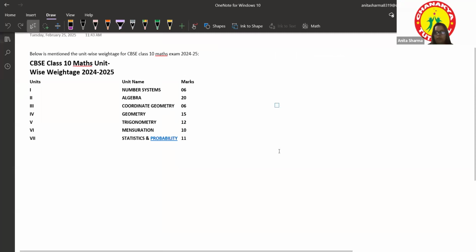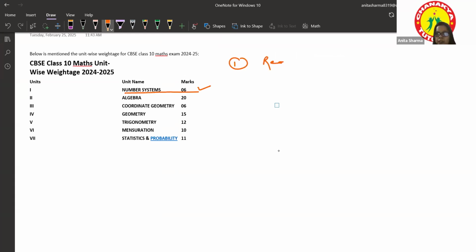According to the CBSE pattern, we have Maths. The first unit is of 6 marks, and in this unit only one chapter is there, that is Real Numbers. In real numbers, basically you need to find HCF and LCM.